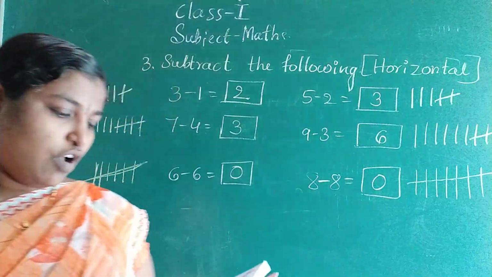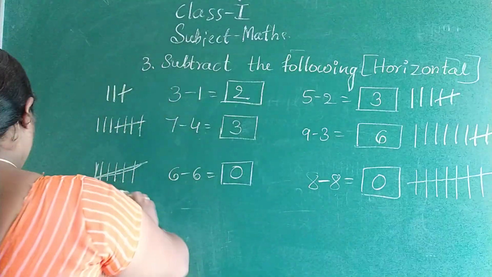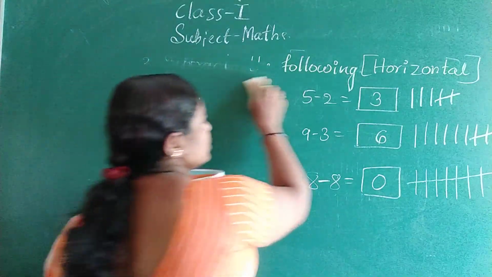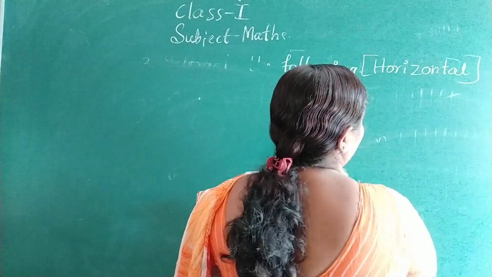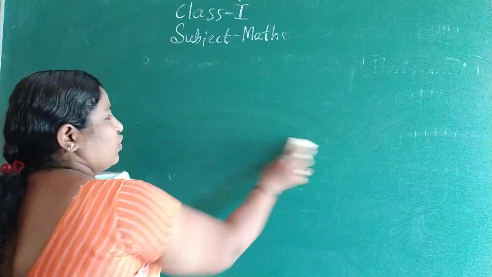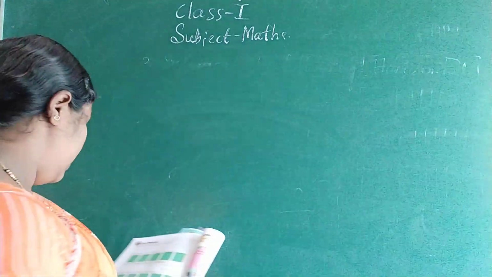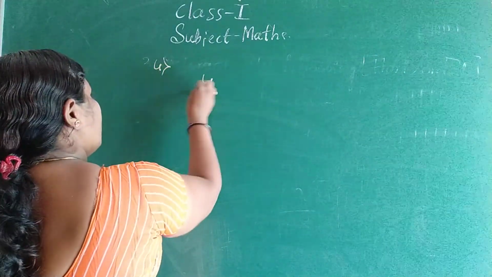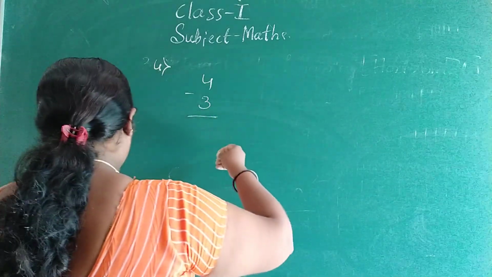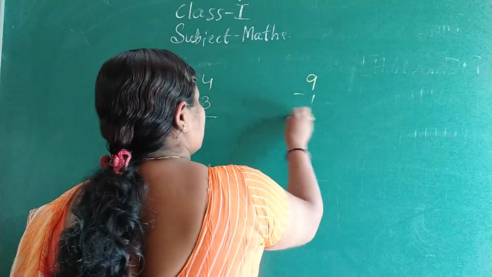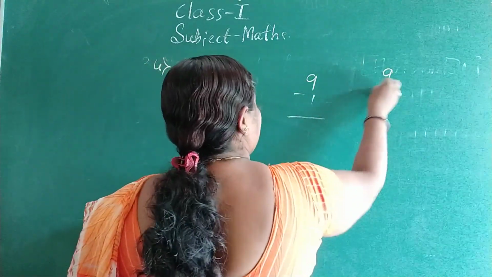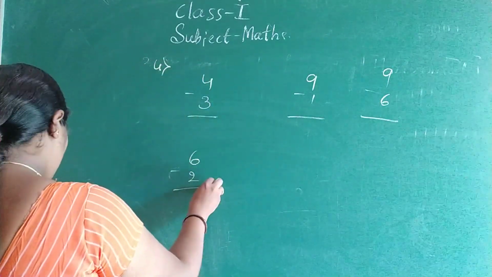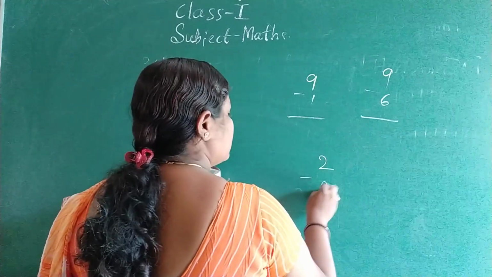Next we will go for find the difference vertically. Okay? Fourth problem. 4 minus 3, 9 minus 1, 9 minus 6, 6 minus 2, 2 minus 2.